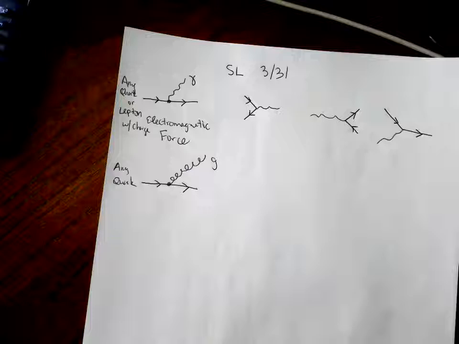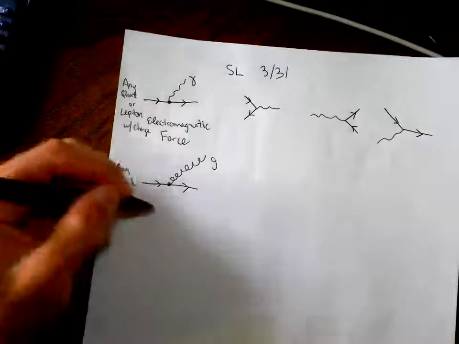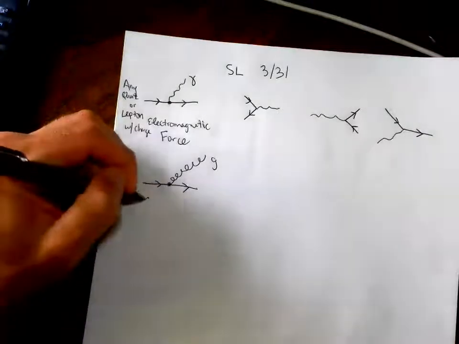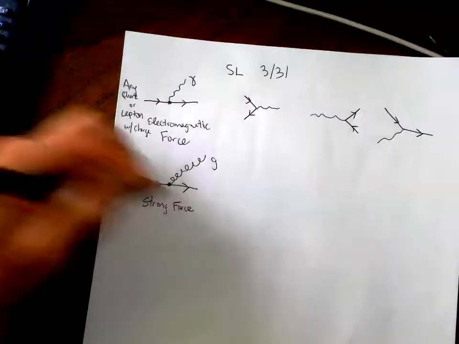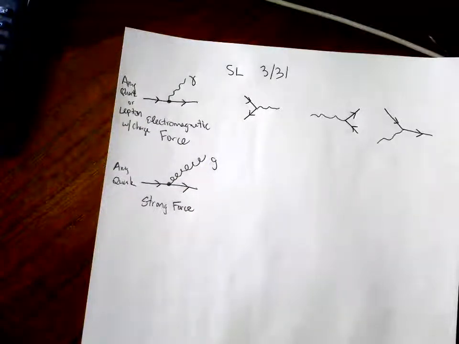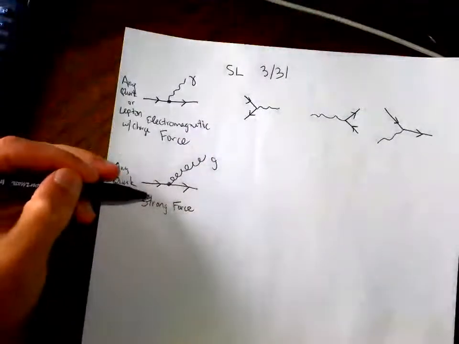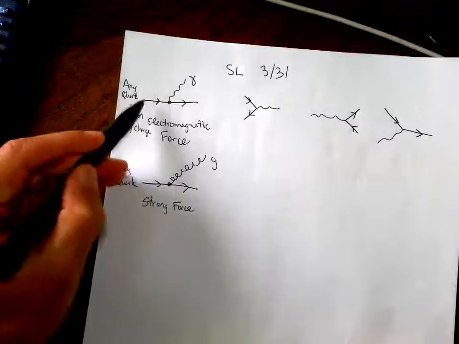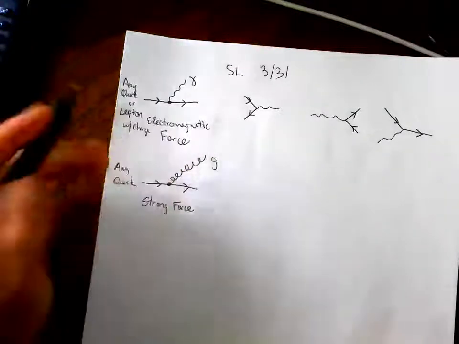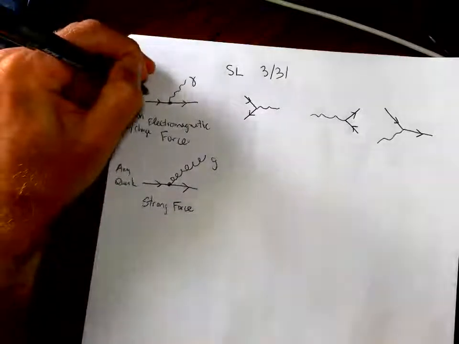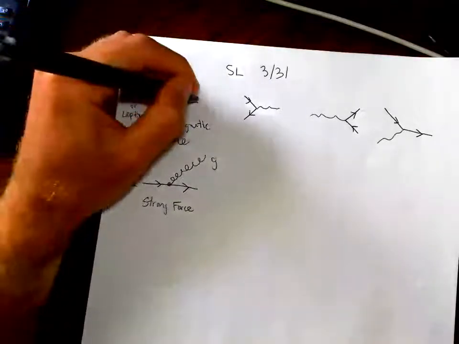So today we are going to first of all talk about the weak force. This is for the strong force. The weak force has, now, the thing about the electromagnetic force and the strong force is that whatever arrow is going into the vertex, it's the same thing coming out. So for example, if this were an electron going in, then an electron comes out.